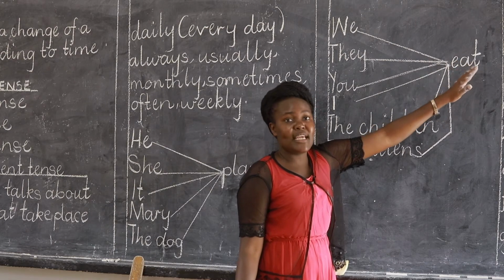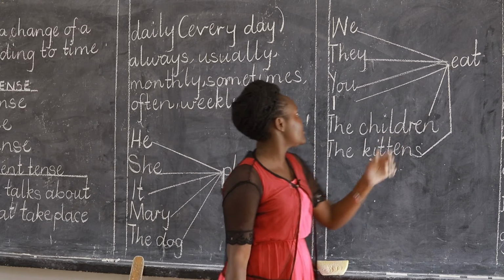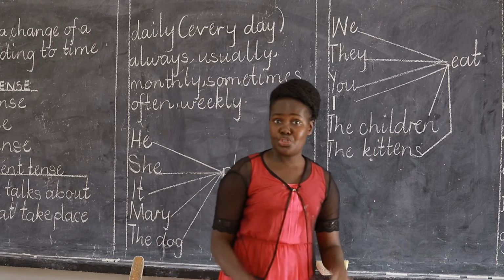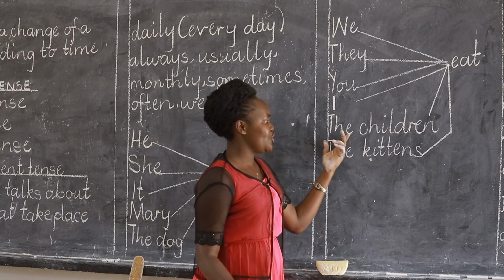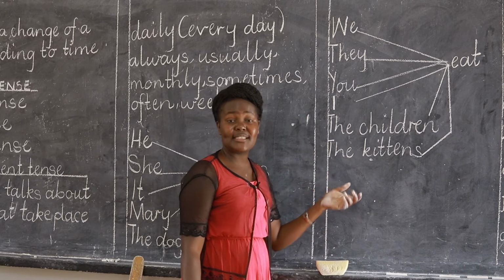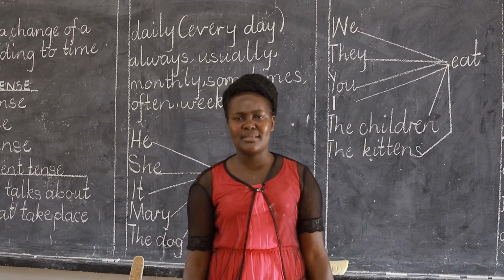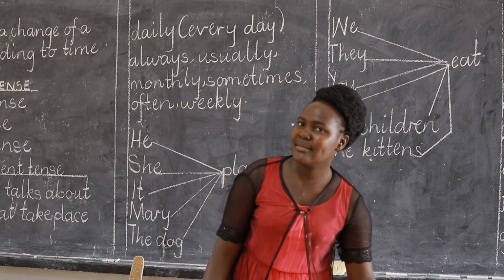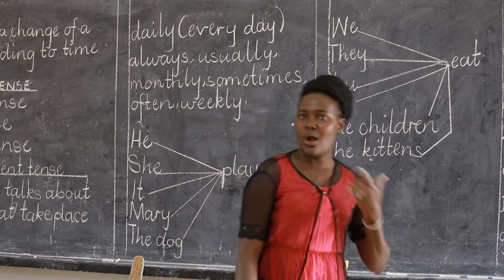It remains in its base form. So we shall say, we eat, they eat, you eat, I eat, the children eat, the kittens eat, the dogs bark. What else? My auntie, that one changes. My aunties cook.